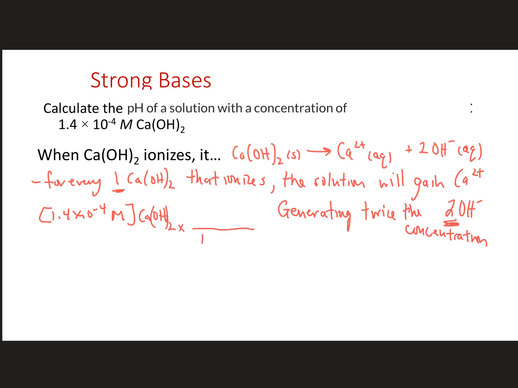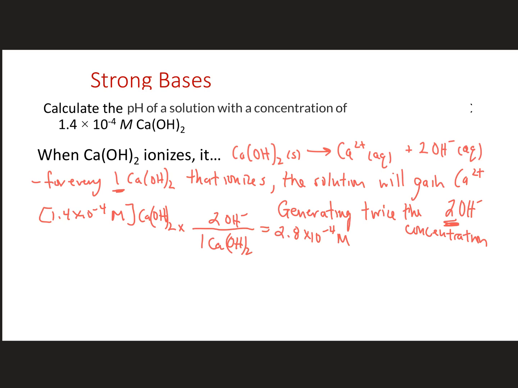For every 1 calcium hydroxide, I'm going to generate 2 hydroxides. So multiply that concentration by 2, and the real concentration of hydroxide is 2.8 times 10 to the minus 4 molar. Now I can find the pH of this solution.